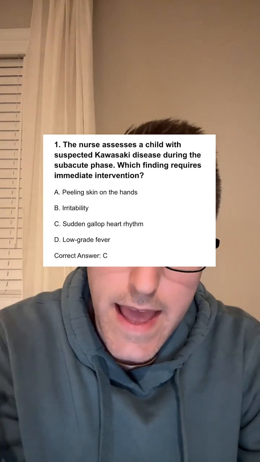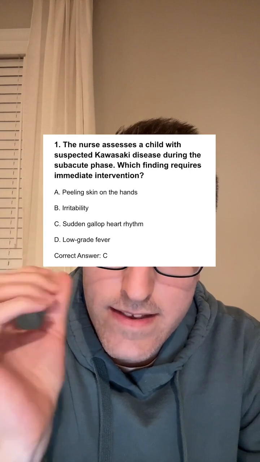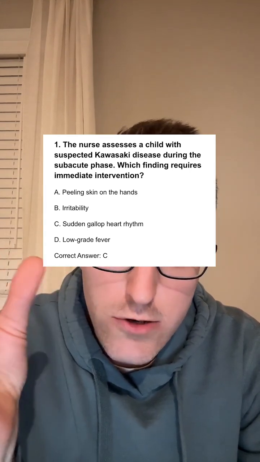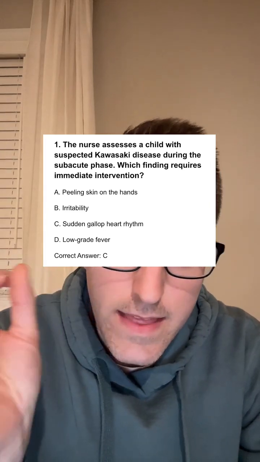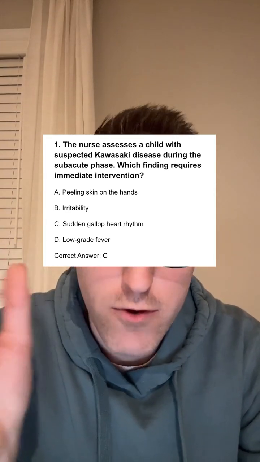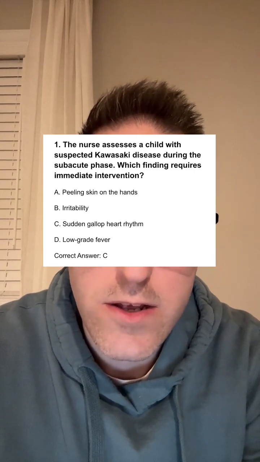So it's not A, because that peeling of the hands and skin is expected at this stage. B, irritability is common in Kawasaki and just not the emergency. And D, that low-grade fever after the IVIG is not the critical danger sign. Okay, so apologies, I'm sorry, I put the answer on that question.